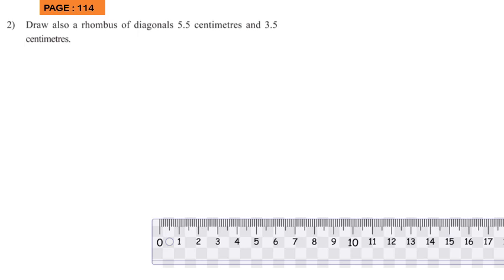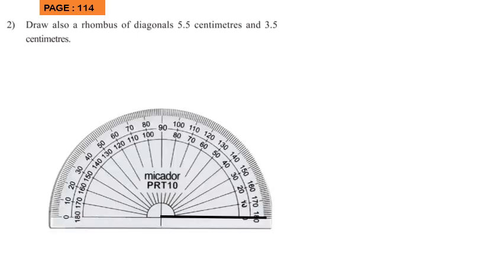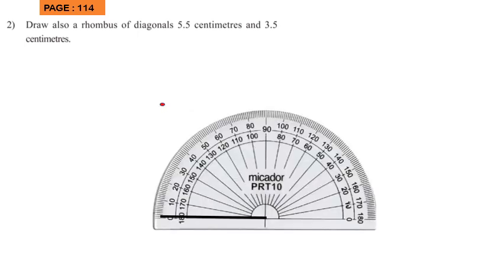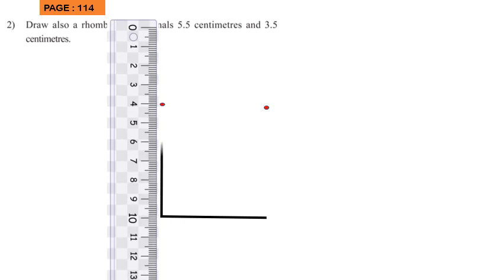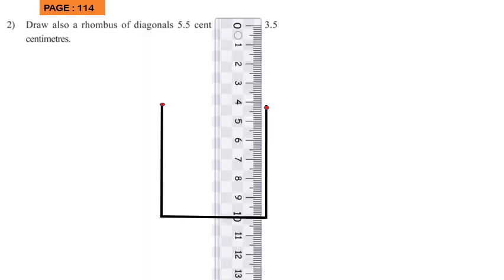For that, take a ruler and draw 5.5 centimeter length. Then use a protractor and mark a 90-degree angle from both ends of the horizontal line. And use a ruler and draw perpendicular lines.